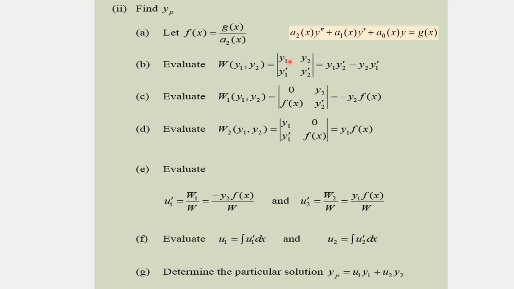So if this is y1, this will be y1 prime, and if this is y2, this will be y2 prime. After that, you evaluate the Wronskian by using the formula A times D minus B times C. That will be y1 y2 prime minus y2 y1 prime. So that is the formula for the Wronskian of the two functions y1 and y2.